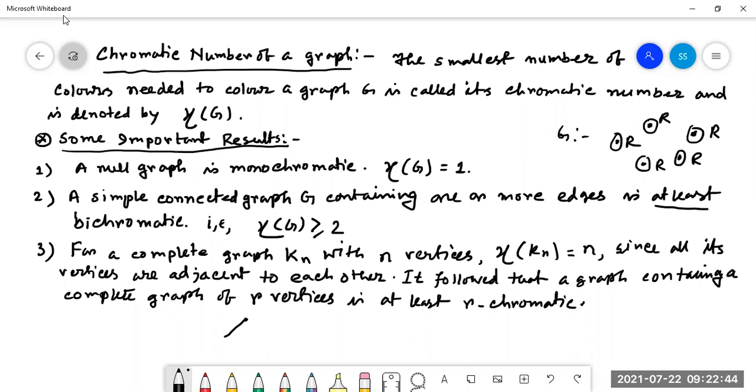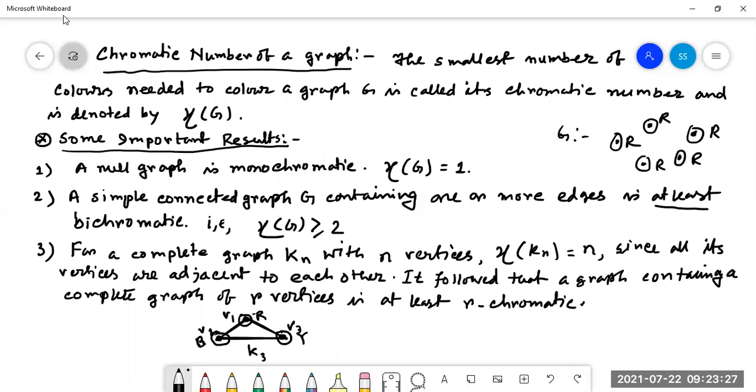So for example, if we take K3, if we take this as red, then this is blue, then this is yellow. It is a complete graph on 3 vertices. Say this is vertex 1, this one is vertex 2, this one is vertex 3.